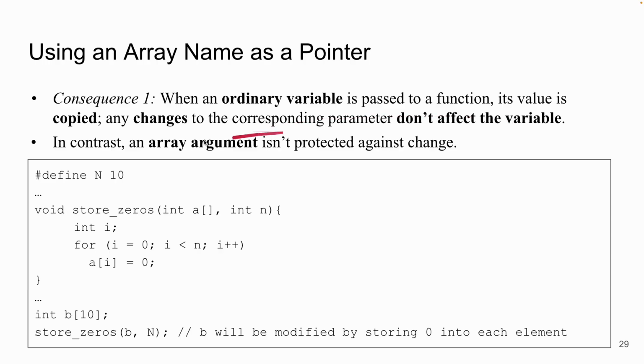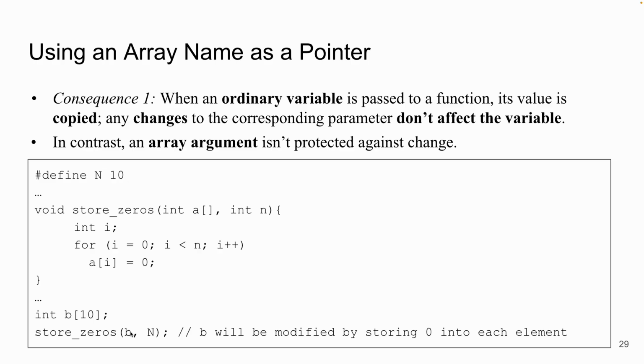However, because the array argument itself is actually a pointer, if we pass the pointer to the function, the function can actually change the object this pointer points to.